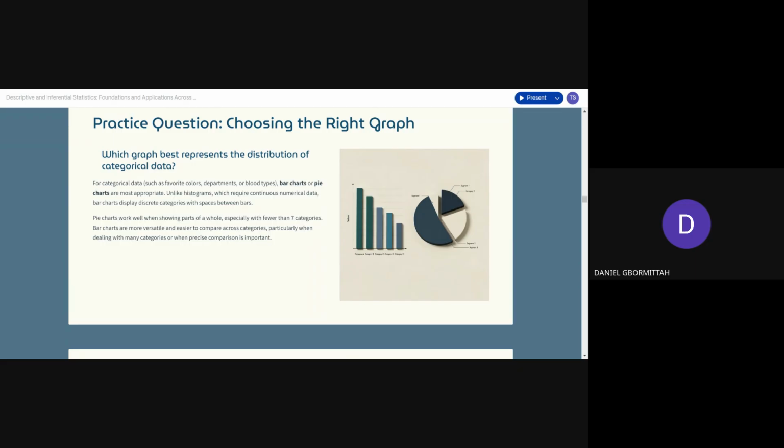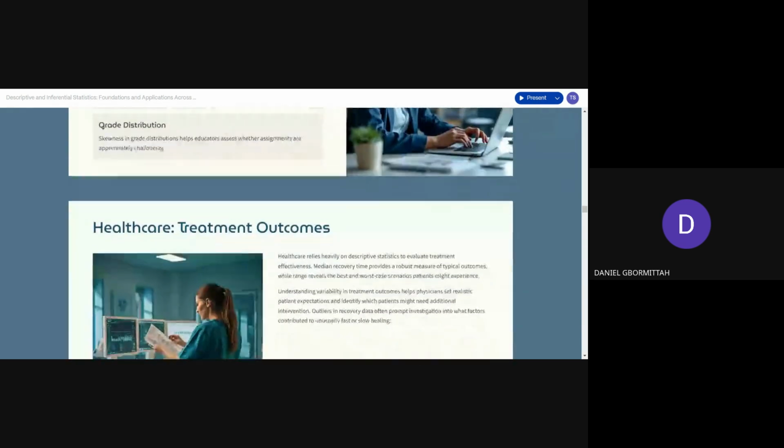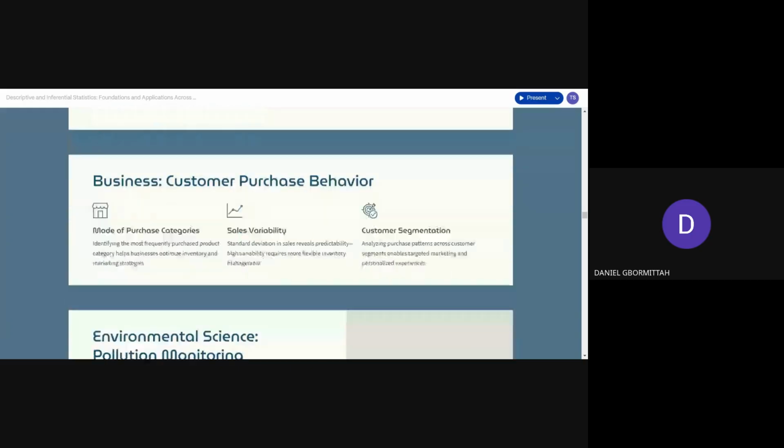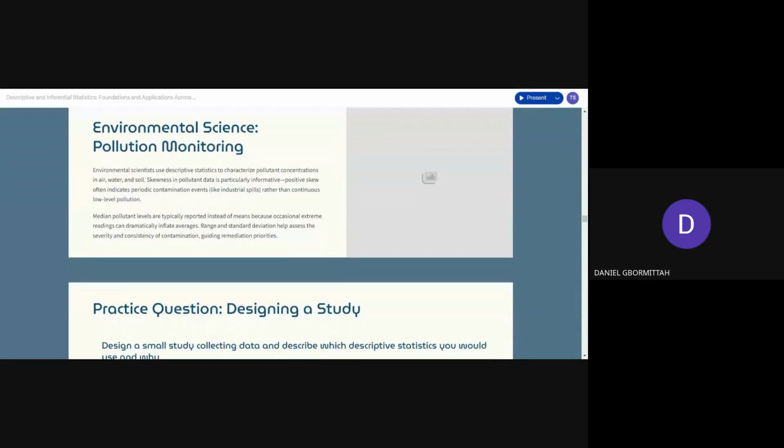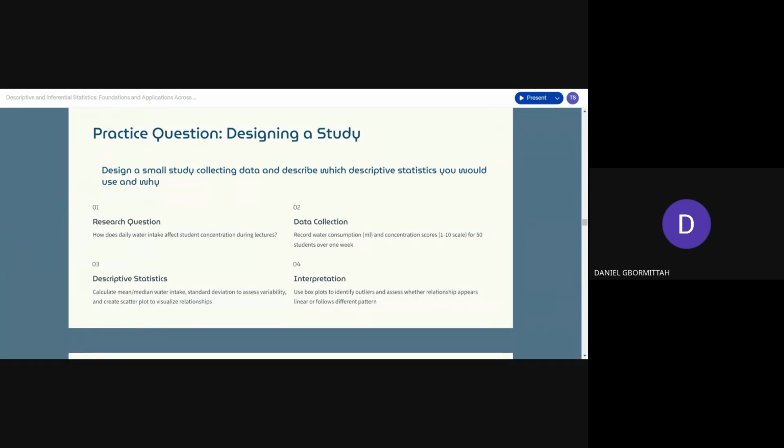Then I think these ones, we did them last time, using the graphs to represent the bar chart and the histogram and so forth. So we'll not talk about them. Let me see what is new here. Designing a small study by collecting data and describing which descriptive statistics you would like to use and why.